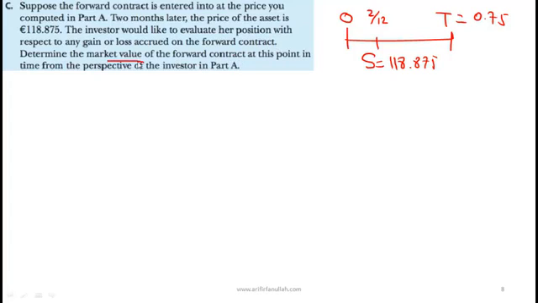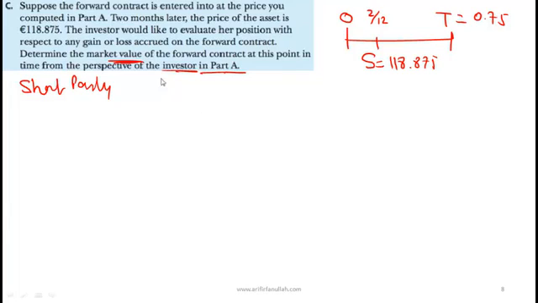So look, this is the market value of the forward contract at this point in time, from the perspective of the investor in A. So what was the perspective of the investor in A? Long or short? Yeah, so you are doing this for a short. When does the short party gain? When the price goes down. Okay, so long gains when the price goes up, short gains when the price goes down.